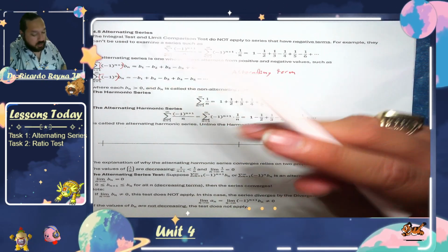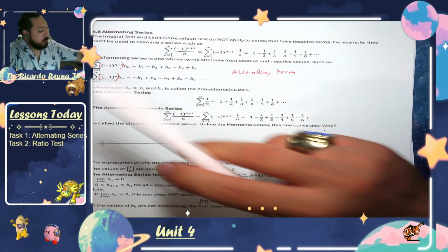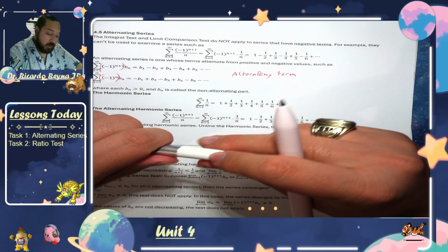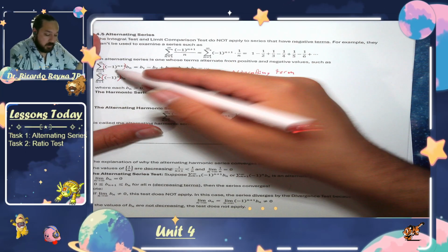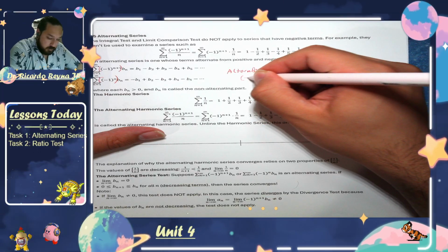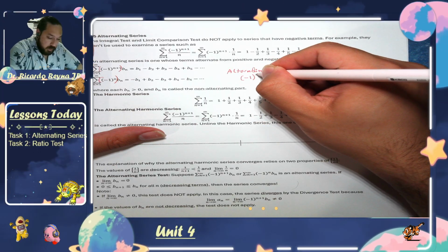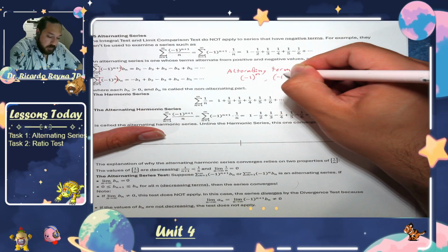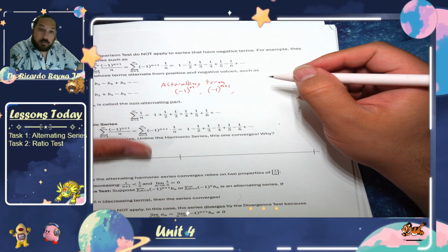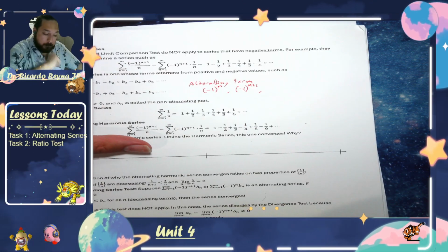There's one not-so-simple alternating term that I've snuck into your group work, but just know that for every index, it switches from negative to positive. So, for example, negative 1 to the power of n, negative 1 to the power of n plus 1.